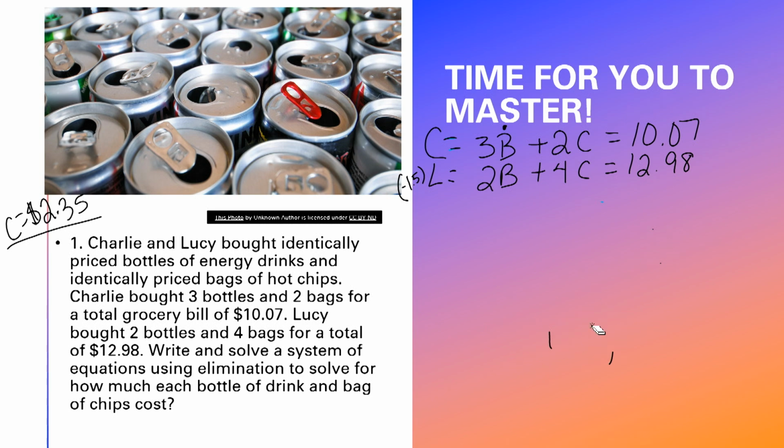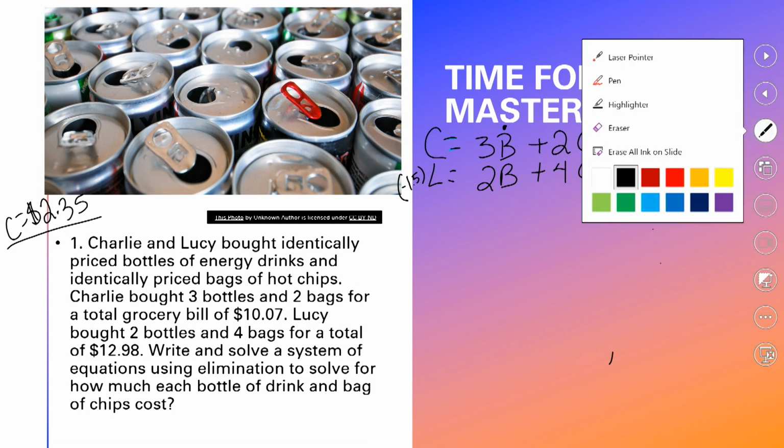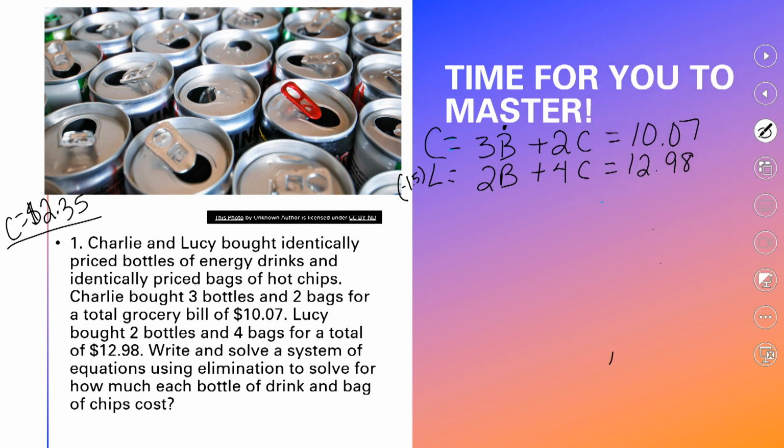All right, so now that I have this erased, I'm going to use Lucy again and put 2b plus 4 times what the amount of my chips cost, which is $2.35, equals 12.98.